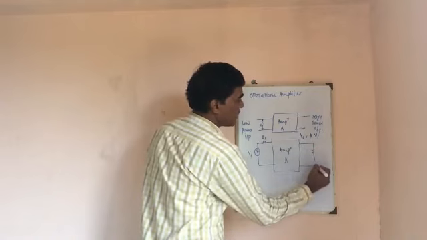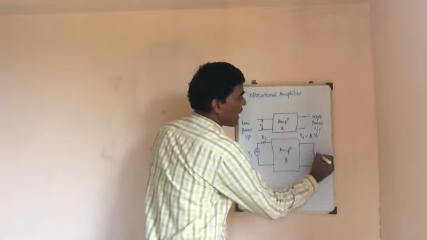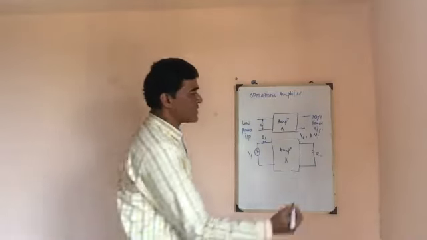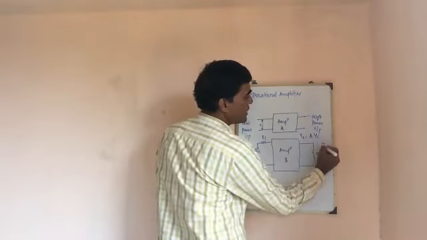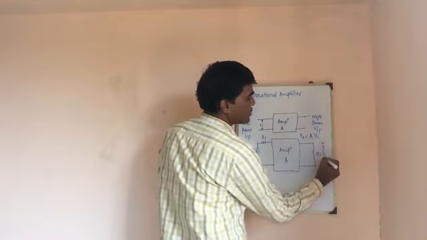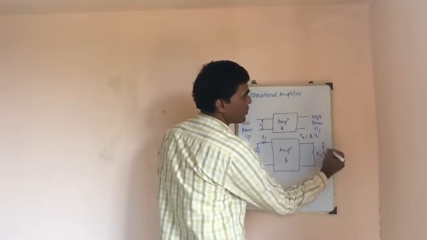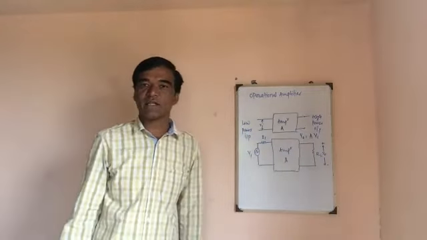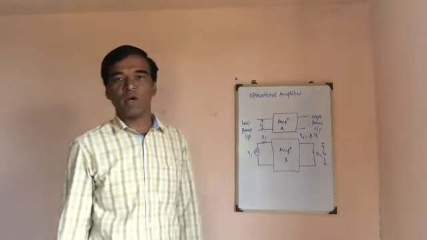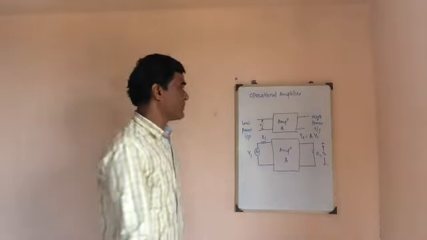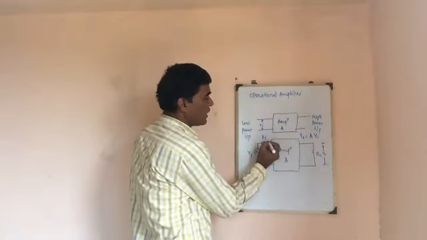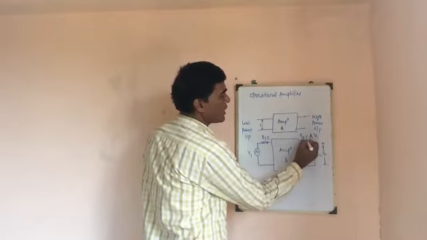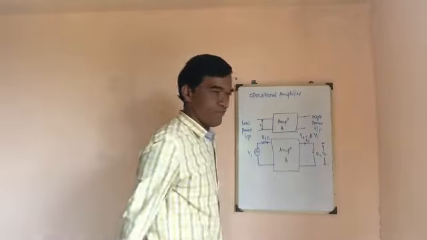Let us assume that the load RL is connected between the output terminals. I can measure the output voltage between these two output terminals, with positive upside, negative downside. In other words, the output voltage is nothing but the voltage across the load resistance. Input current, let us denote it as Ii. Output current, let us say it is Io.